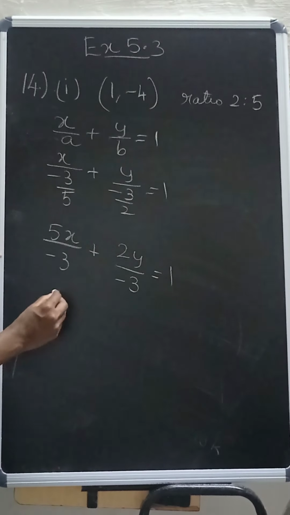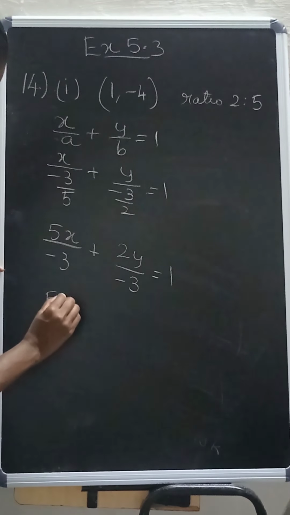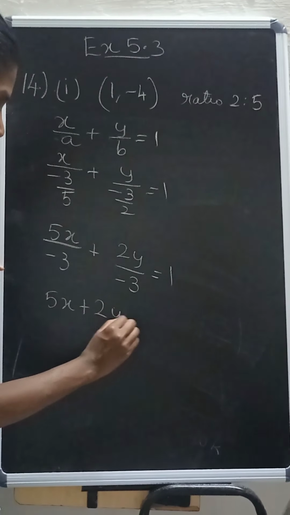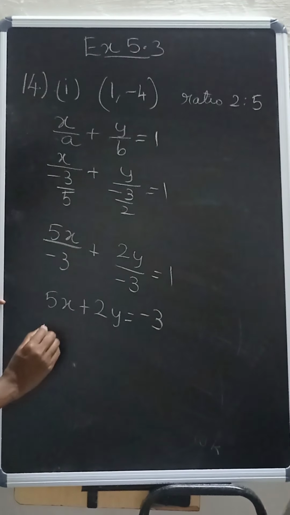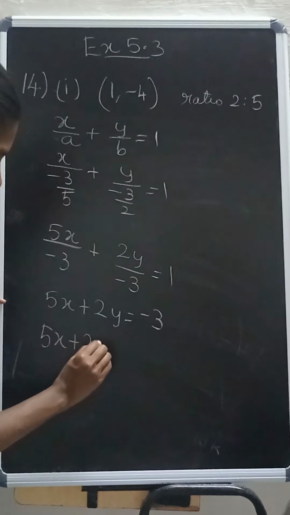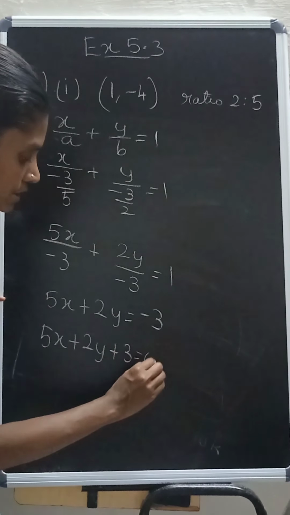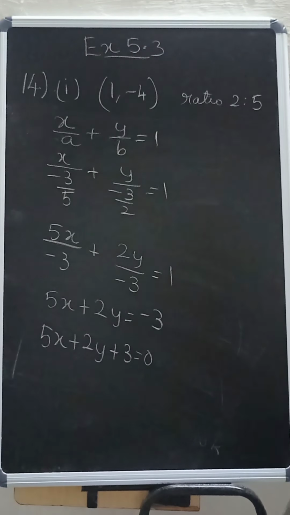Minus 3, LCM is minus 3. So 5x plus 2y is equal to minus 3. 5x plus 2y plus 3 is equal to 0 is the equation of the straight line.